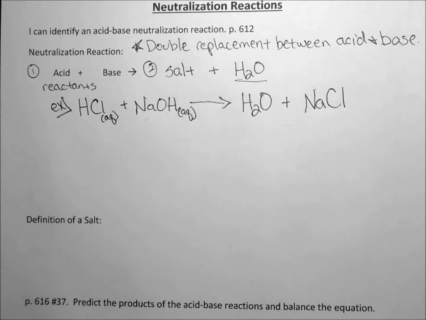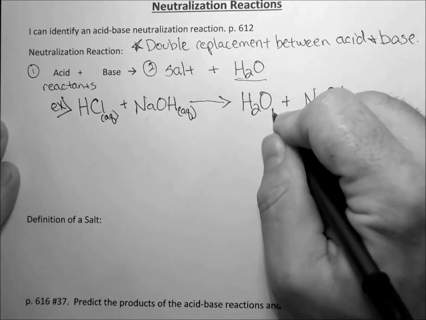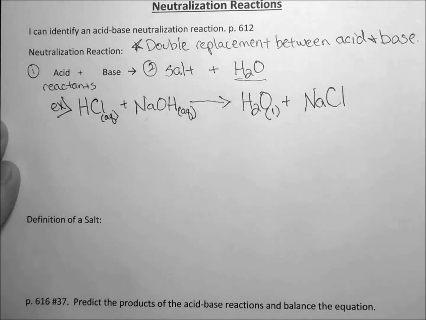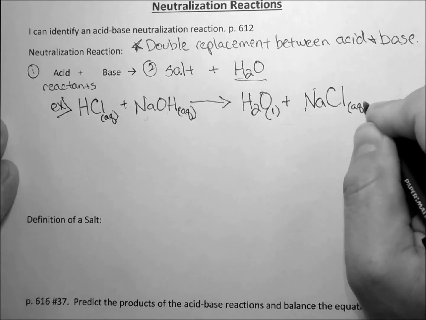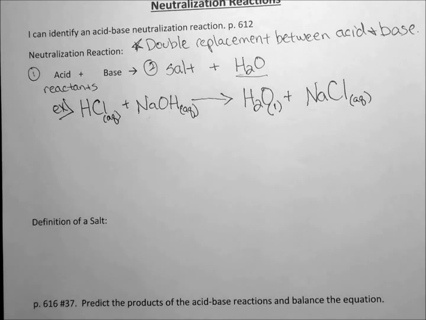Double check your charges of Na and Cl, crisscross, and that will work out correctly there, NaCl. In the state of matter, H2O is going to be a liquid, so we just put an L there for liquid, and NaCl is soluble in water, so it's aq.